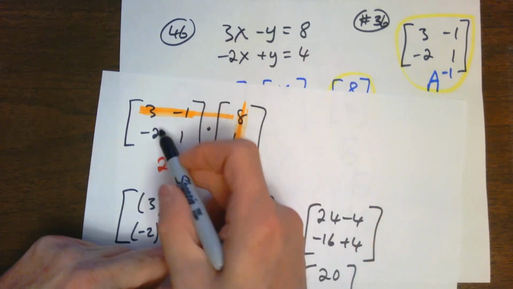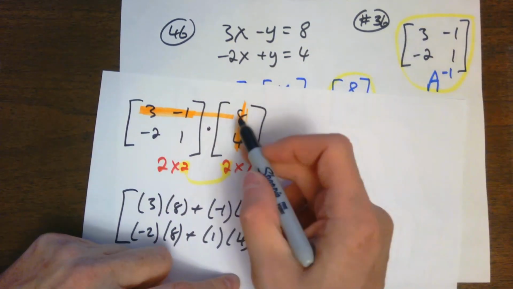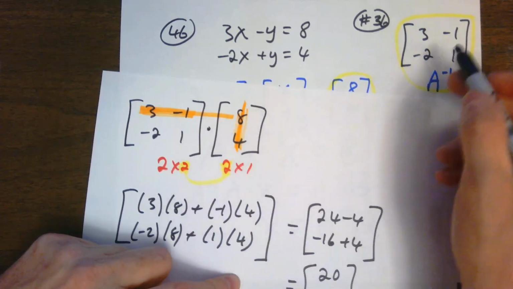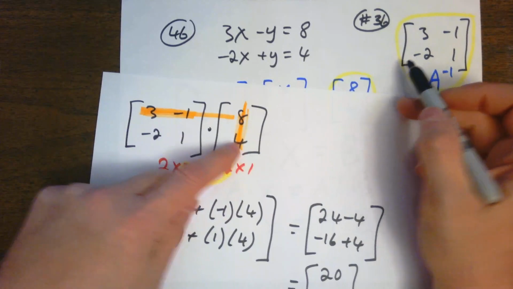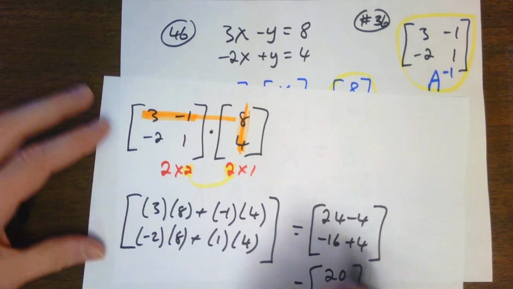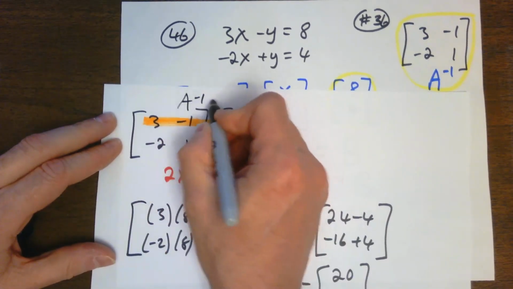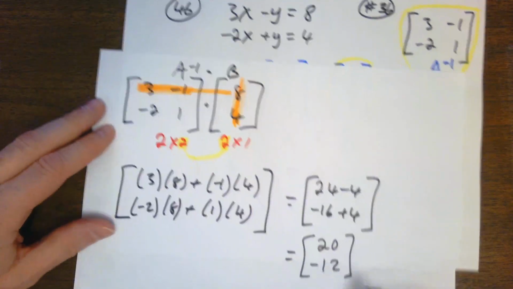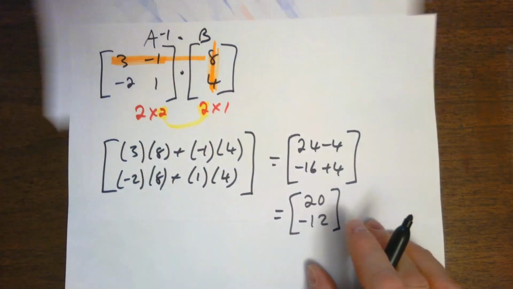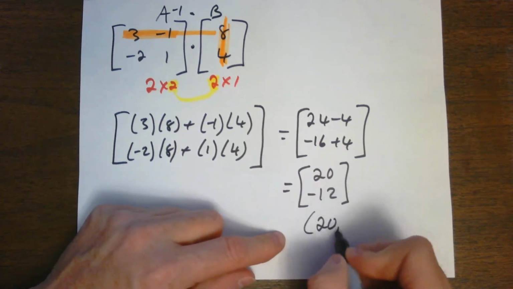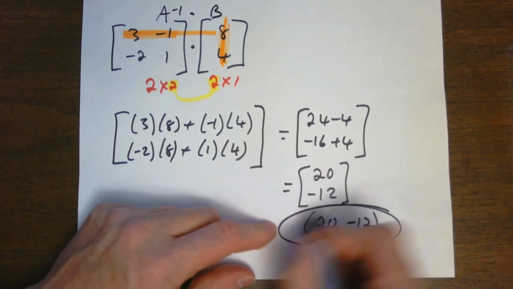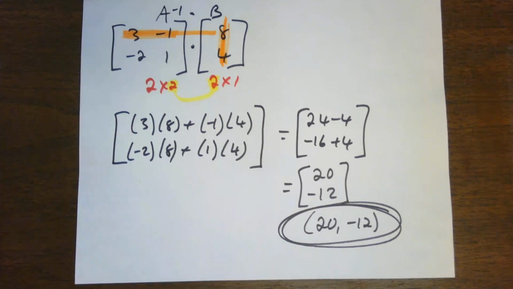The coefficient matrix, there it is. The inverse matrix times the constant matrix. The inverse times the constant, there it is. So this was A to the negative 1 times B. We got this, which means the solution to the system of equations is the point 20, negative 12. X is 20, y is negative 12.